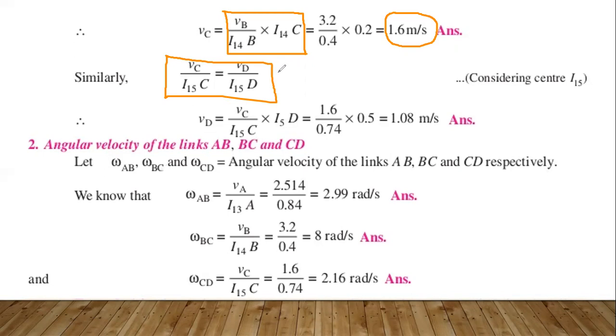Velocity of C is 1.6, so substituting 1.6 and 0.14 and 0.5, in total we got the value as 1.08 meters per second.